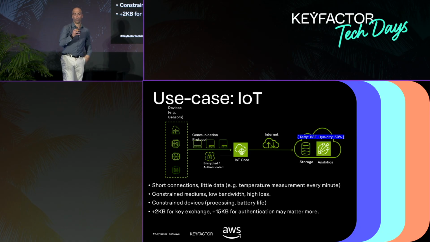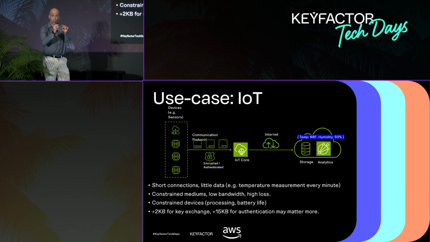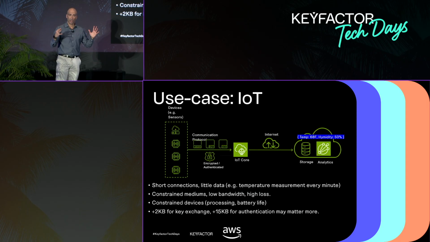So these types of connections are small, they don't transfer a lot of data, and they're sometimes over constrained networks. These are mediums where there's contention, there's low bandwidth, and all of these little sensors sometimes are fighting for bandwidth. So in these types of scenarios, 15 kilobytes matter.